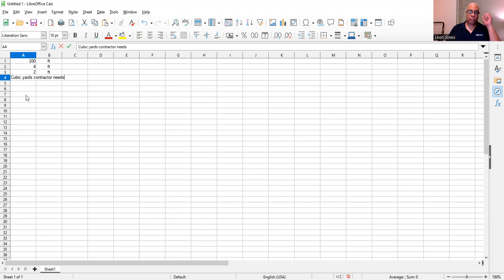Here's what we're going to do. Again, I'm taking it right off of a spreadsheet, so we have to do some calculations here. First, I always like to say equals 100 times 4 times 2.